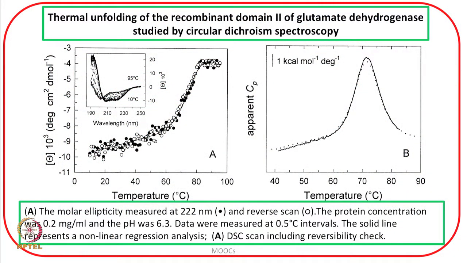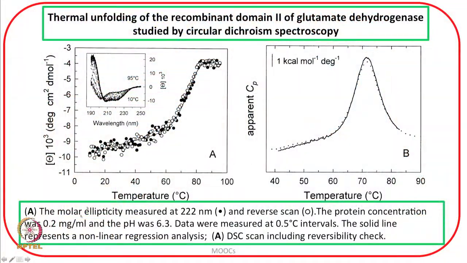Similarly, one can use circular dichroism spectroscopy. When we use circular dichroism, we usually talk about the near UV CD region and the far UV CD region. That is, we either talk about the tertiary structural changes or the secondary structural changes.